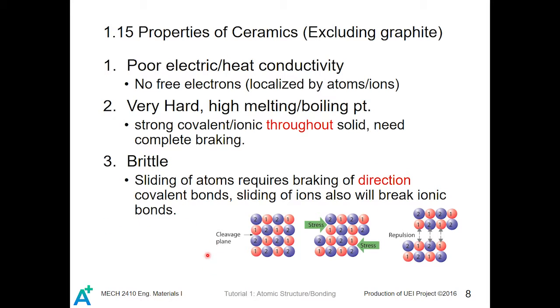For example, for this piece of ionic material, when we try to deform it, even by a little, it can already disturb the regular arrangement of those ions. And even a very slight change of the locations will result in a repulsion force due to like charges. And that means it is very brittle, unlike those metals.